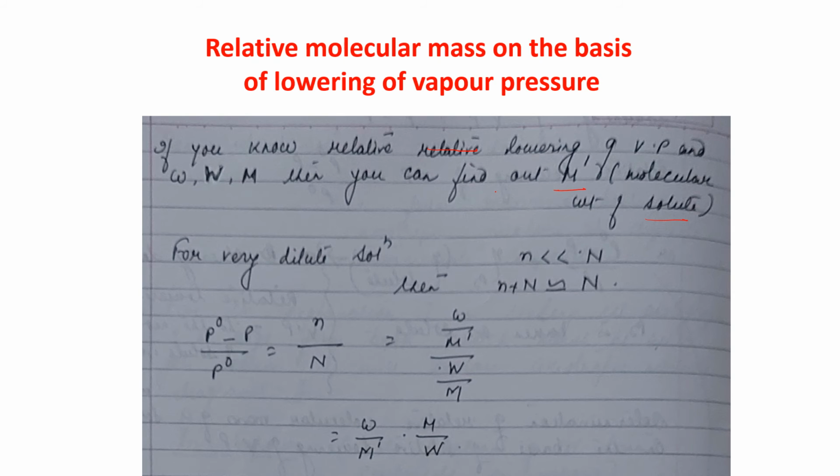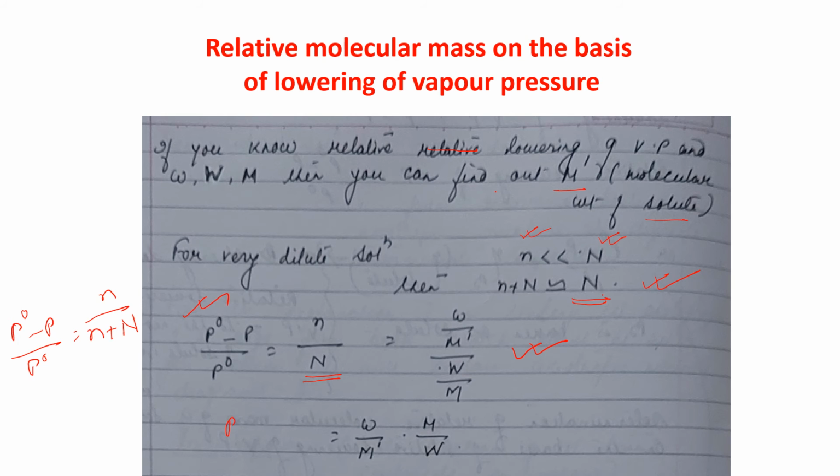For a very dilute solution, if the number of moles of the solute is much less than the number of moles of the solvent, then n plus N is nearly equal to capital N. Now the expression for relative lowering of vapor pressure, (P0 minus P) by P0 equals n by n plus N, can be written as (P0 minus P) by P0 equals n by only capital N. Now this also can be written like this.